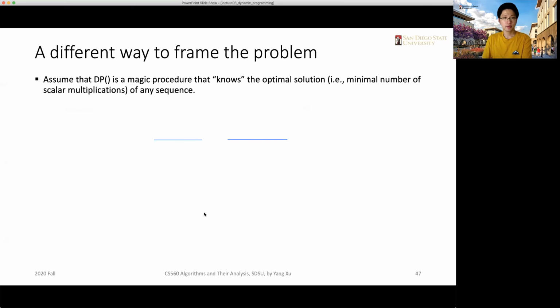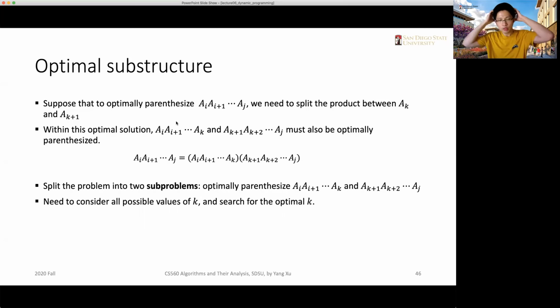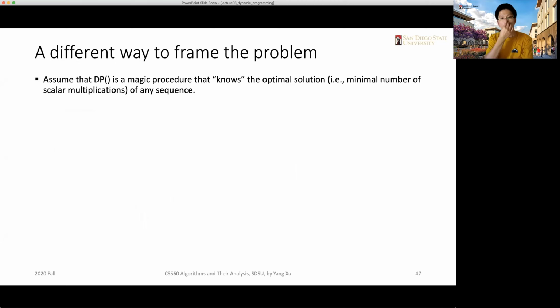Okay, next we're going to use some shortened notation to indicate the results of the optimal solutions to this matrix chain problem.